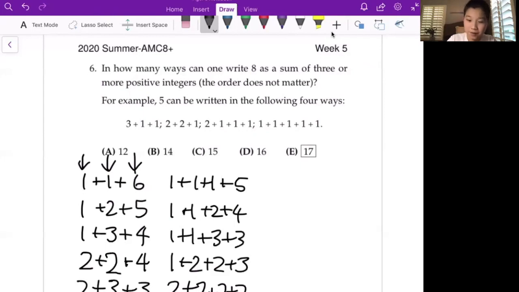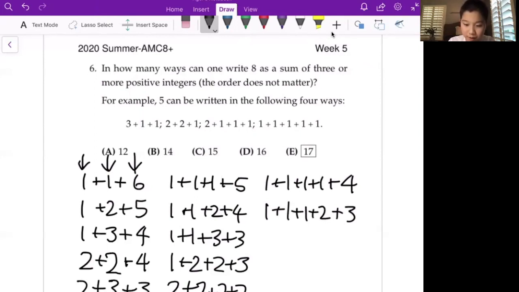So now 5-digit. This should be a 4 to add up to 8. 1, 1, 1, 2, 3. Just doing the regular adding up 1 to a tens digit. Now, you have to add 1 to a hundreds digit now for this to work.